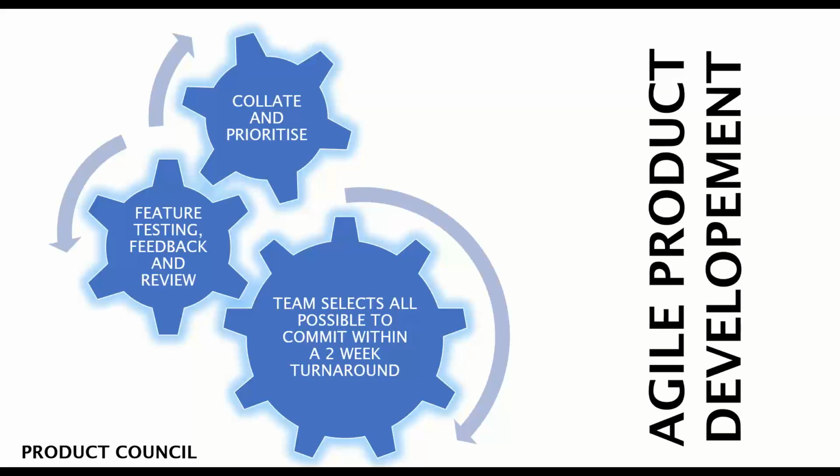That comes from a team in the product council, made up of all facets of Jonas Leisure: sales, support, the development team, professional services, and not forgetting you guys with customer voice. Then the team selects the work possible to commit in a 2-week turnaround. Then there's feature testing, feedback and review by Sheena and myself, and then the process starts again. So it's an evolving process, working on those 2-week turnarounds.